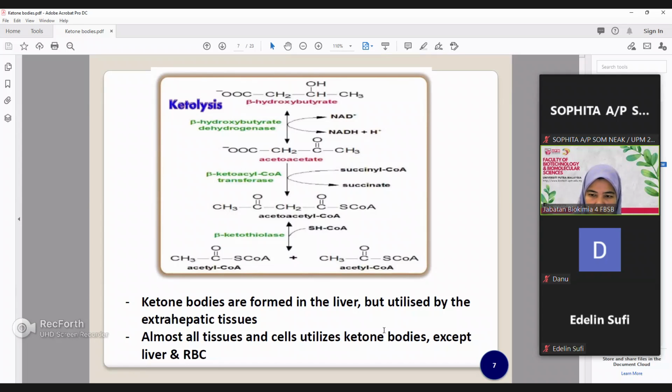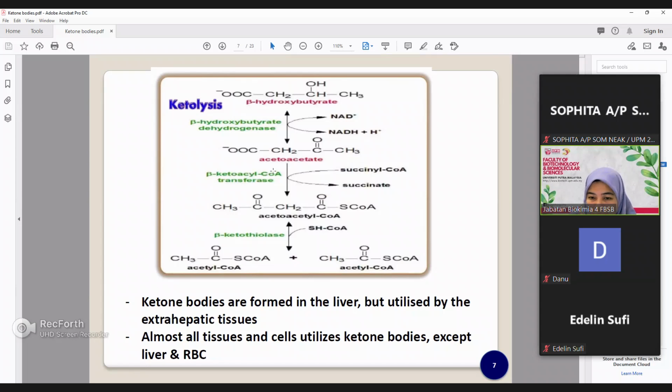Okay, so this enzyme is not present in the liver, so liver cannot utilize ketone bodies. So liver doesn't have that capability to break down the ketone bodies.